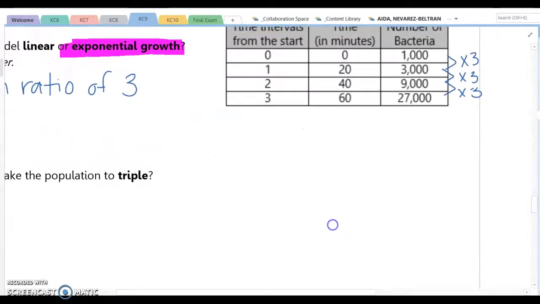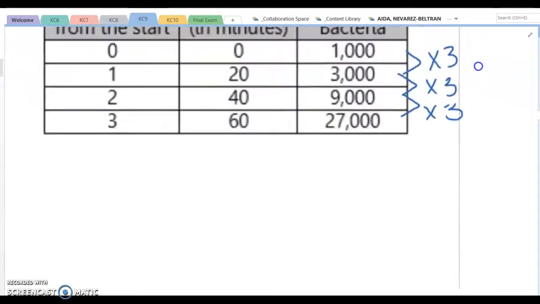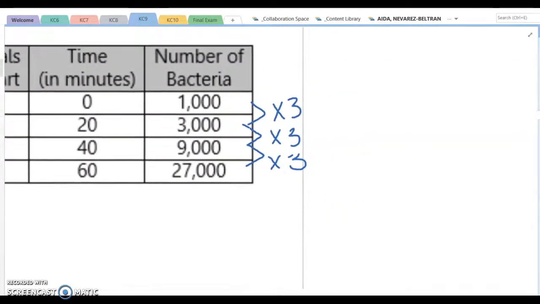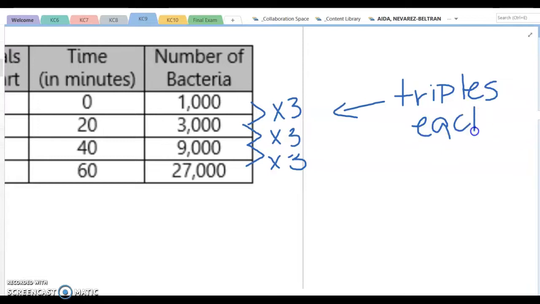So it asks, how long does it take to triple? So because we're actually multiplying by 3 each time, right, this does mean that it triples each time. So we are tripling each time, so we just have to see how long it is in between each triple.